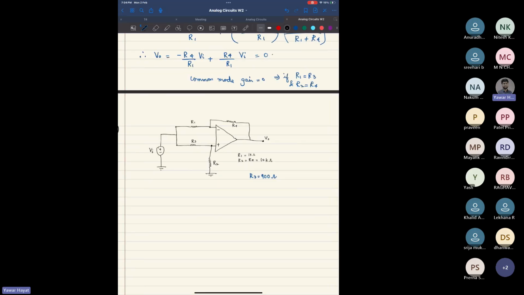Now R3 was changed to 900 ohm, right? All the other resistors having the same value. What would be your gain of the circuit?